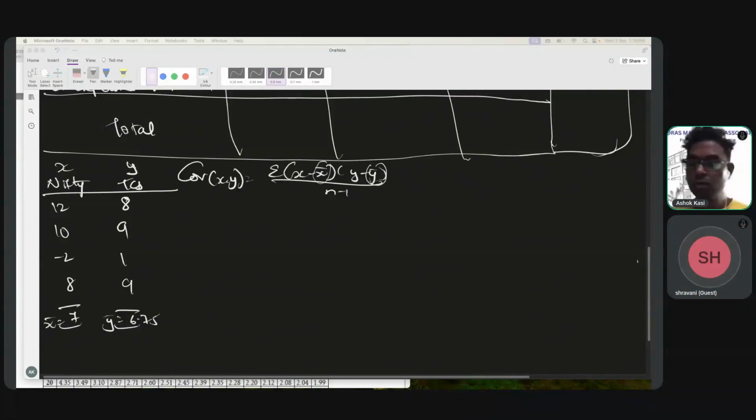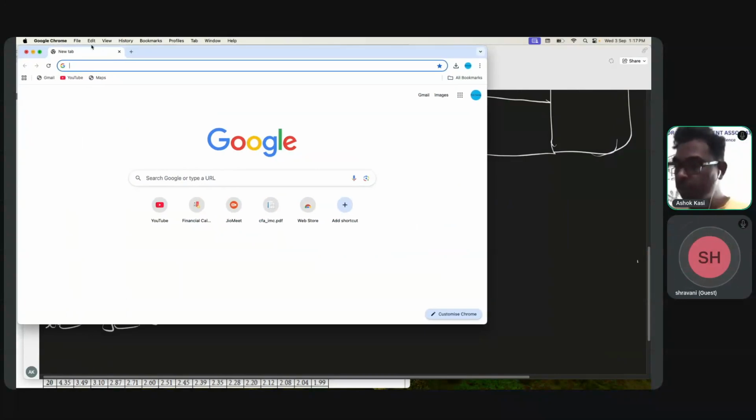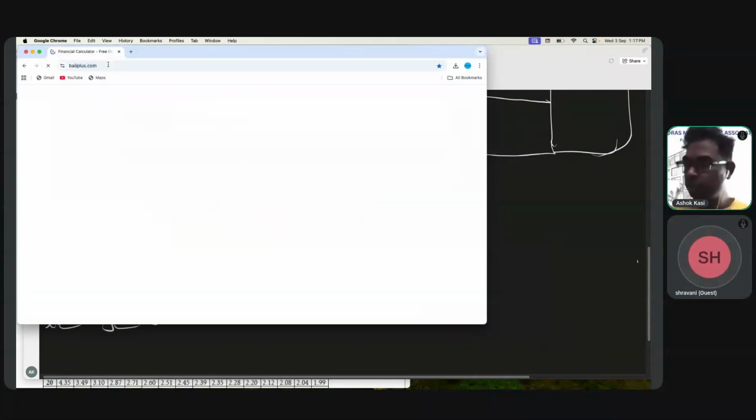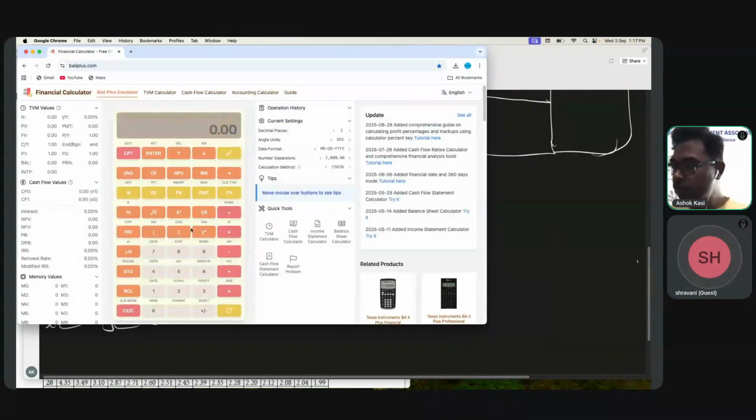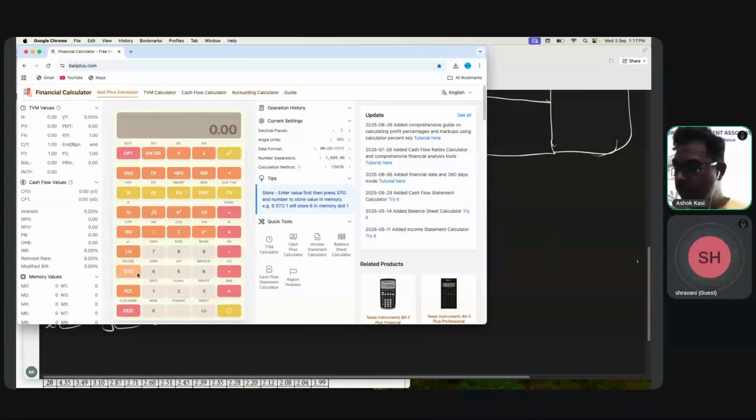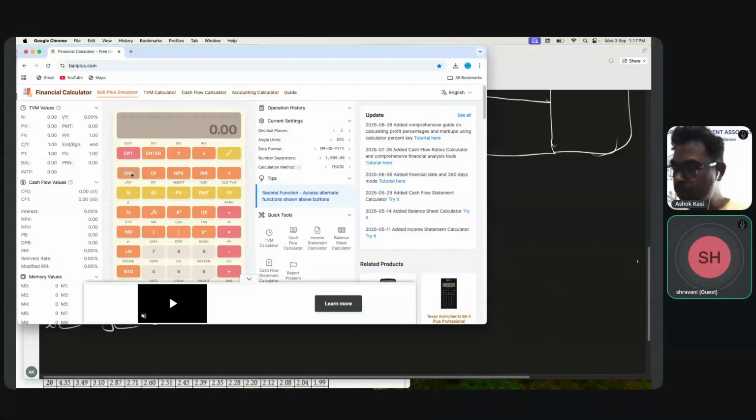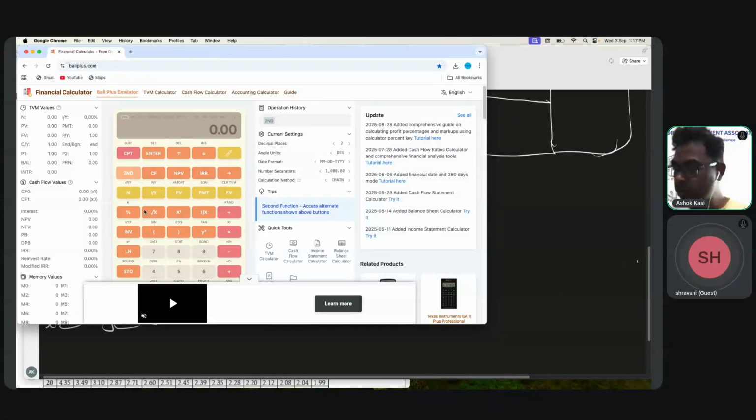So you go to the calculator, and in your calculator you type second 7.